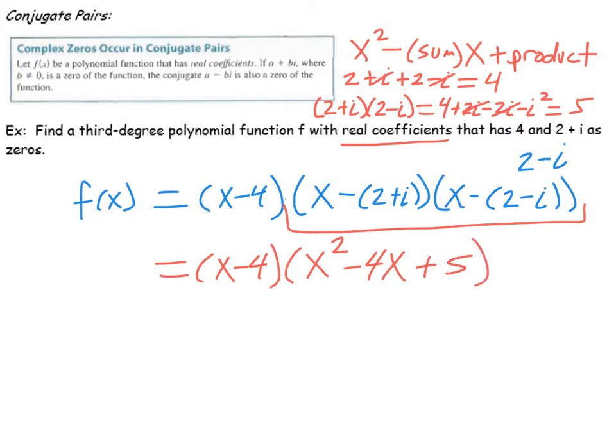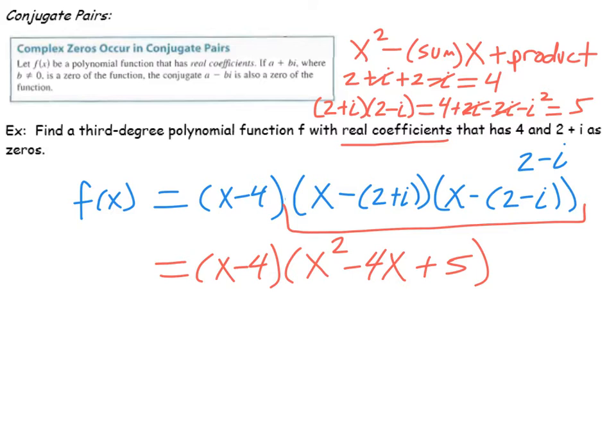That quadratic, from the work that we did up top, has zeros at 2 plus i and 2 minus i. I've made the jump back to those real coefficients, because if it has those two zeros, the sum, or that number in front of x, needs to be 4, and the product, or the number that goes at the end, needs to be 5. Okay?